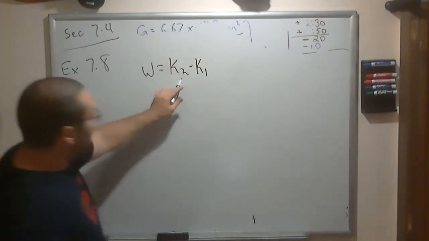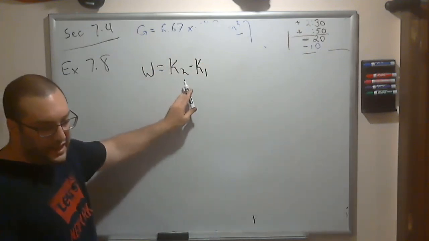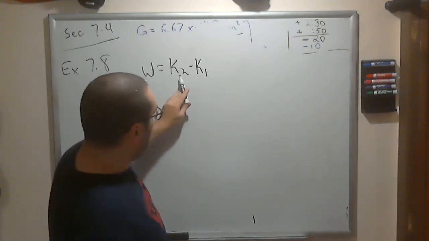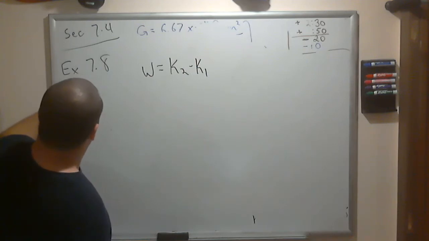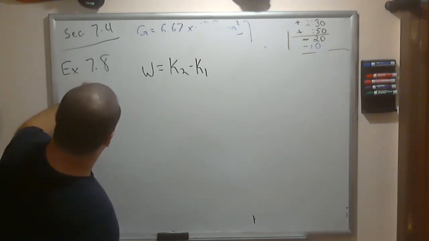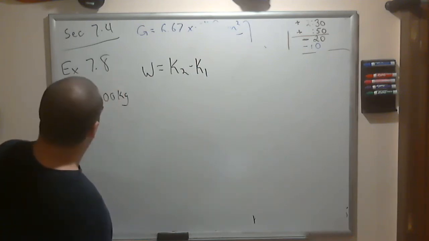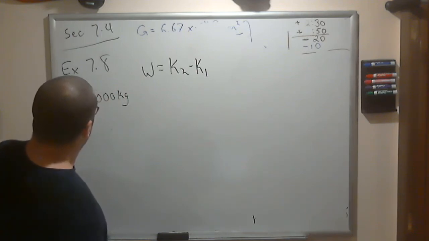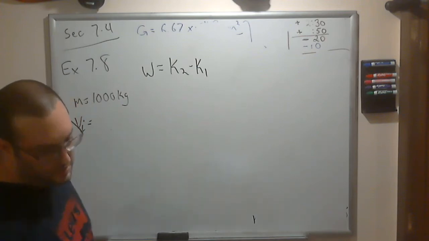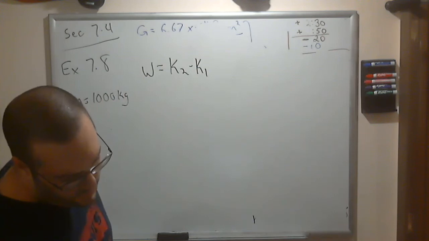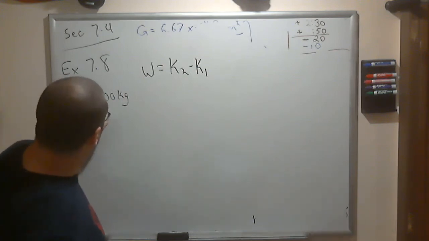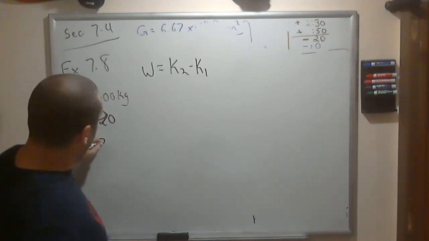All it is, is the difference in kinetic energy from the initial point, right? The mass is 1,000 kilograms. Its initial velocity, I'll write 1 and 2. Its initial velocity is 20. Its final velocity is 30.